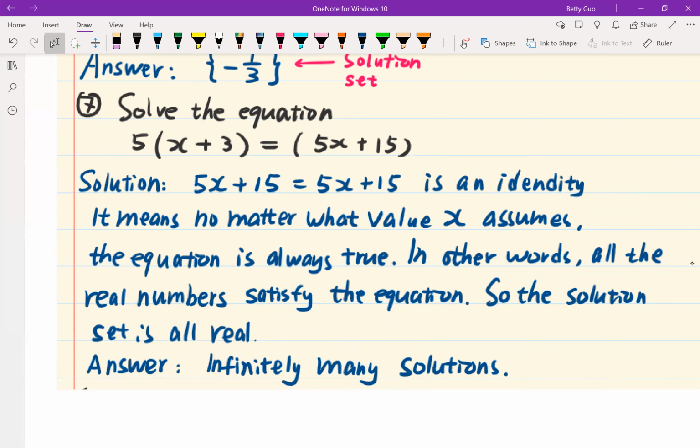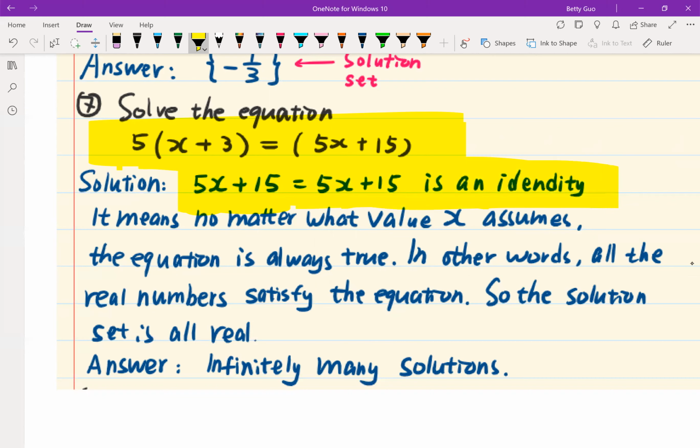Number 7, solve the equation. The equation is 5 times parentheses x plus 3 equals 5x plus 15. We remove the parentheses by distributive property. Then we have 5x. 5 times x is 5x. 5 times 3 is 15. So we have 5x plus 15 equals 5x plus 15.